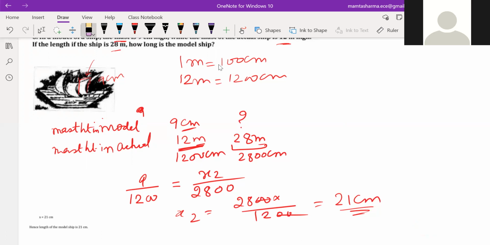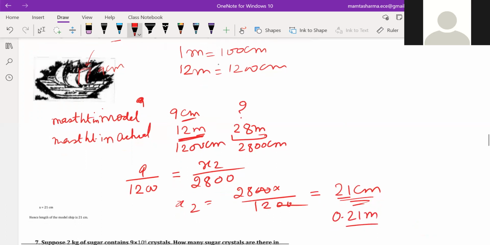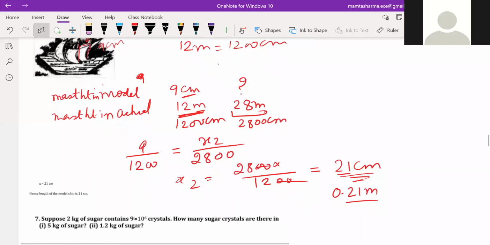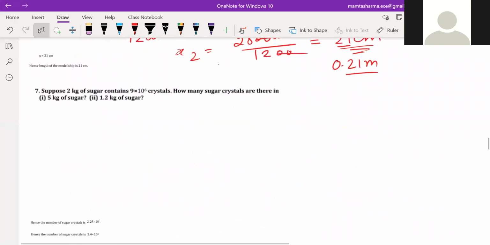Shubhra, maybe you have done a mistake somewhere. Check it again. This 21 centimeter would be 0.21 meter. Please check it.